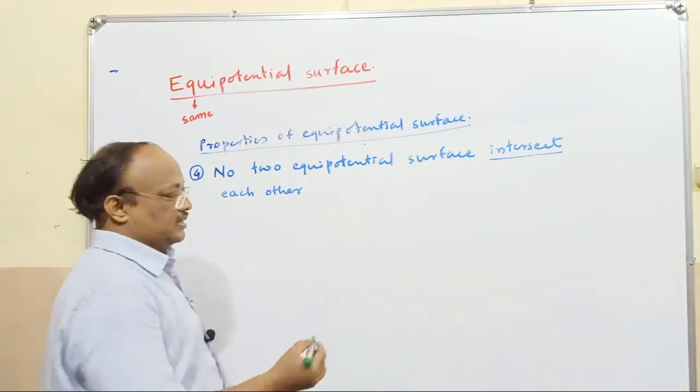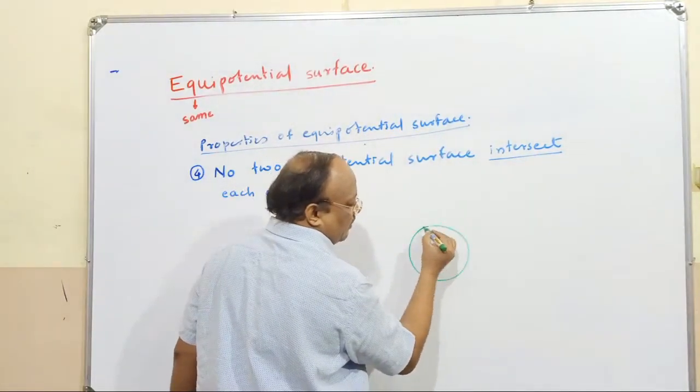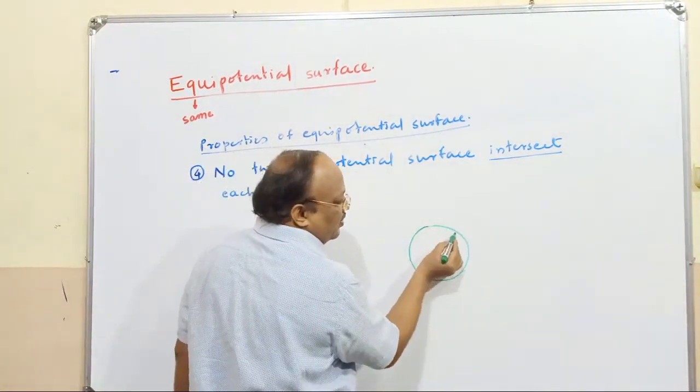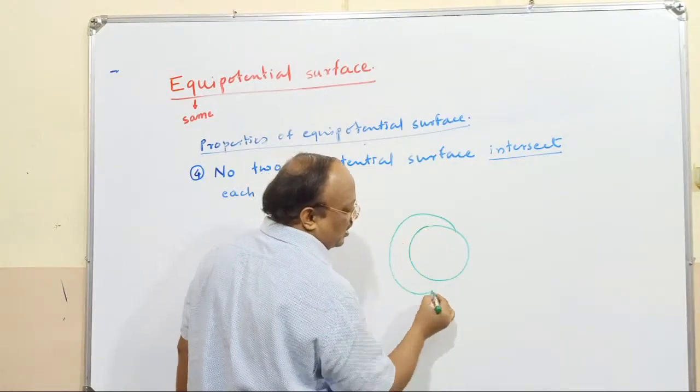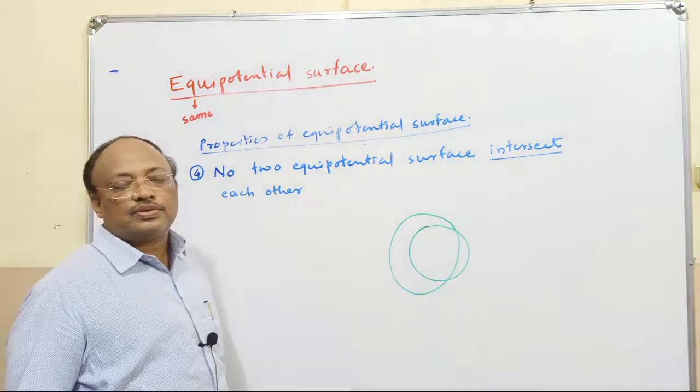So what does it say? Let us imagine two equipotential surfaces intersecting each other like this.